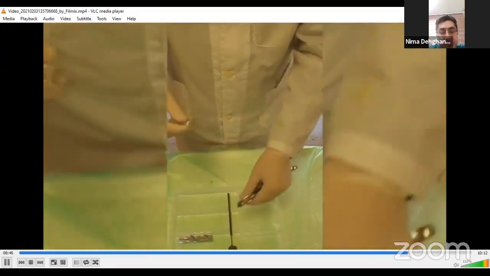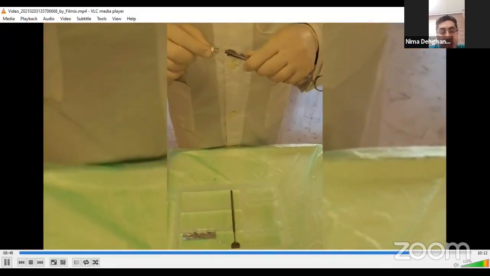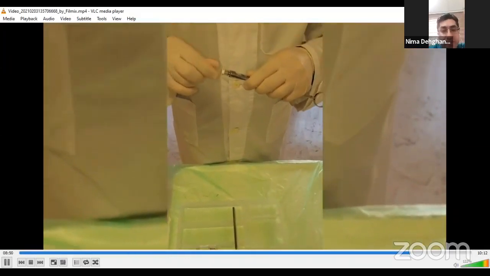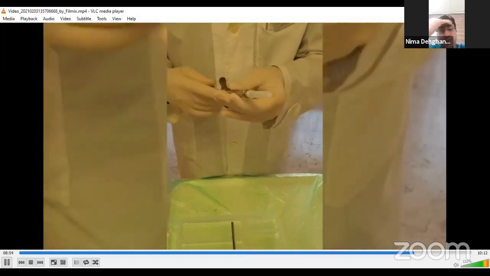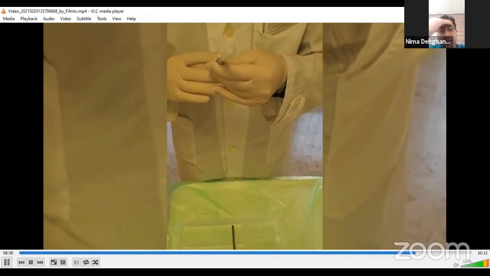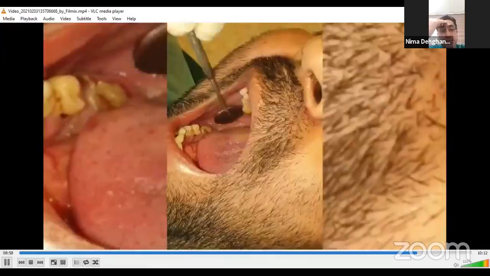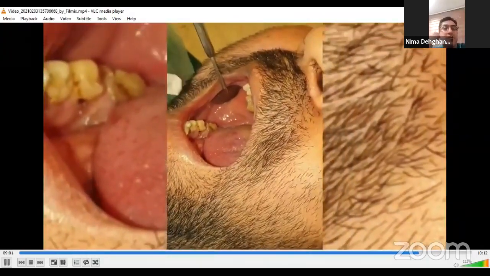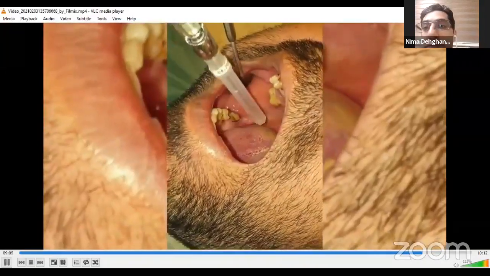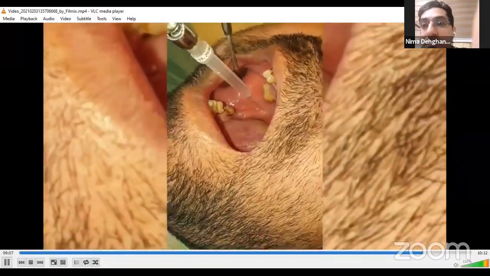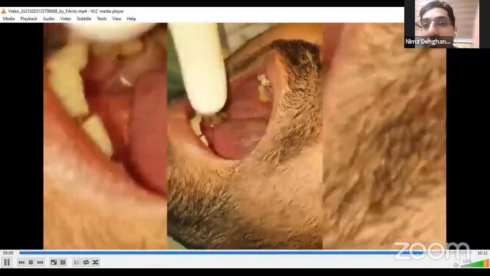Again, we select the long needle. Here we locate the landmarks, the pterygomandibular raphe and the anterior border of the ramus.